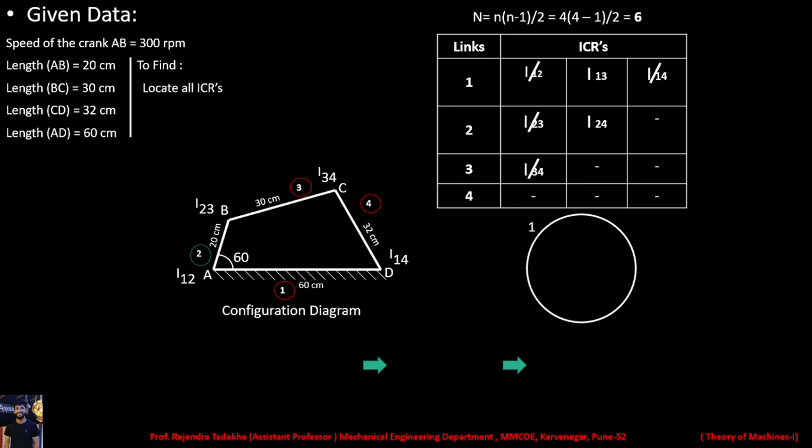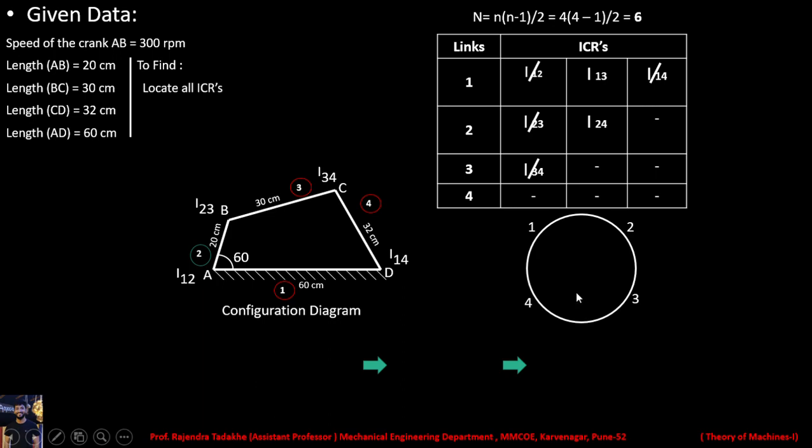Exactly, we have 4 links in this configuration. So mark 4 points on the circumference of the circle: 1, 2, 3 and 4. So we have marked 4 points corresponding to the 4 links.